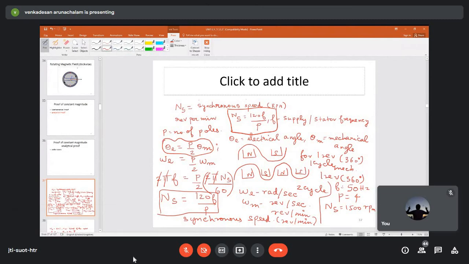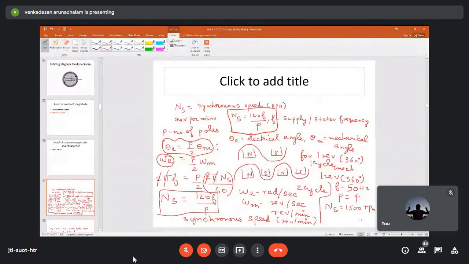So this electrical angle is nothing but your electrical frequency, omega E. You can simply write omega E in place of theta E. Your mechanical angle corresponds to your mechanical speed, which you can write as omega M. Omega E is nothing but 2 pi into f, in radians per second.